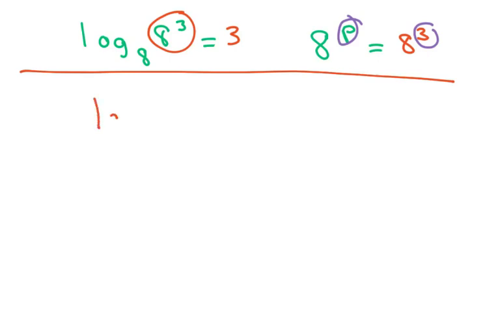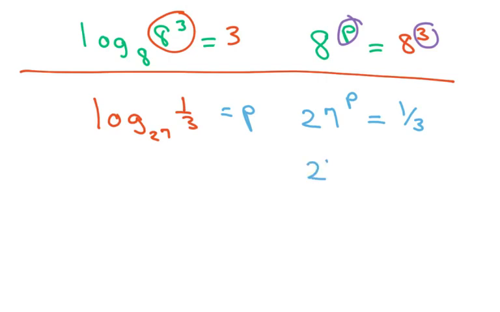Then we have log base 27 of 1/3. You're going to set this to p. So we have 27 to the p equals 1/3. Now I know the cube root, if this was 27 to the 1/3, I would get 3, because the cube root of 27 is 3.